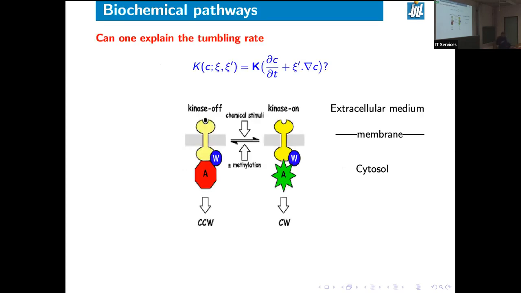So in fact, there is an explanation for that. And if you want to find an explanation, you have to go to another scale, which is the scale of the cell. So the cell has a membrane, which is here.